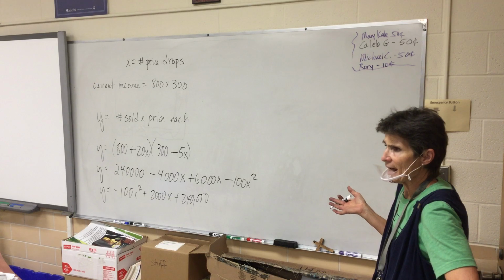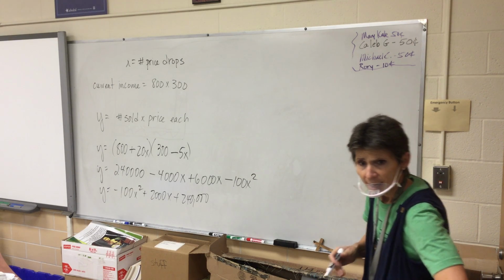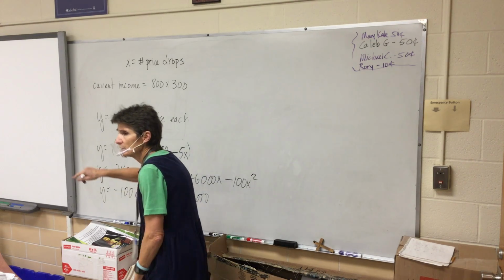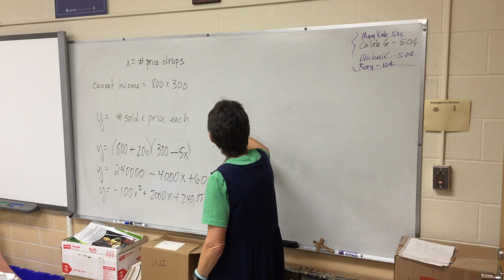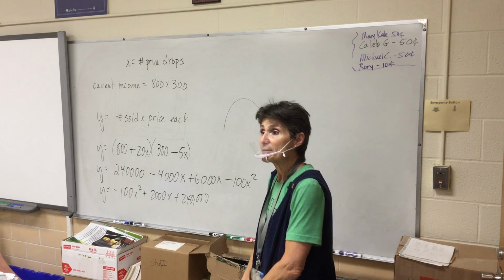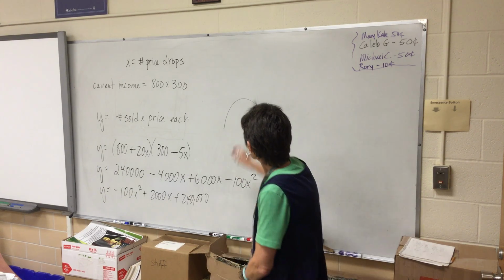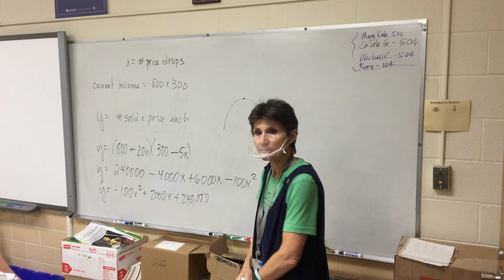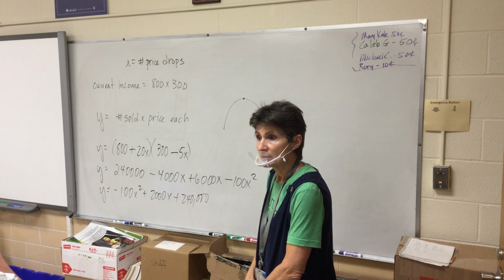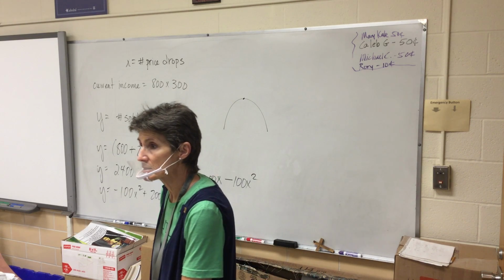What shape is that? It's a parabola. And which way does that parabola open? Down. Well, wait a minute. So I got a parabola that opens down, and I am interested in the maximum. Well, shoot. Won't the maximum just be my vertex? And what's my formula for finding the vertex?